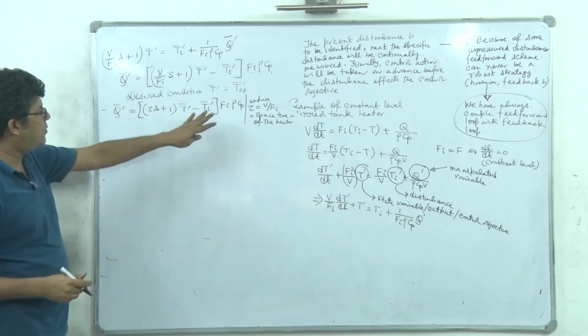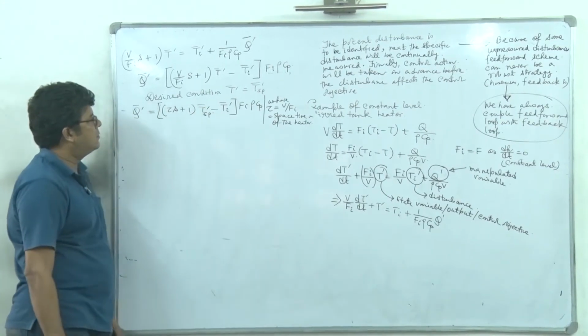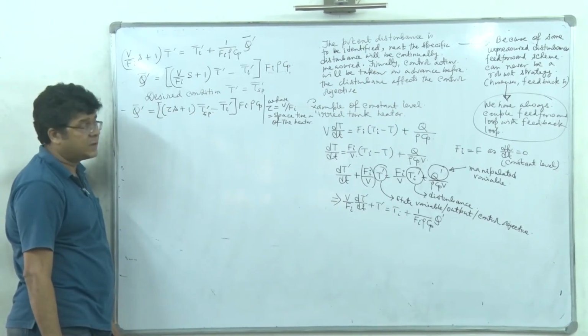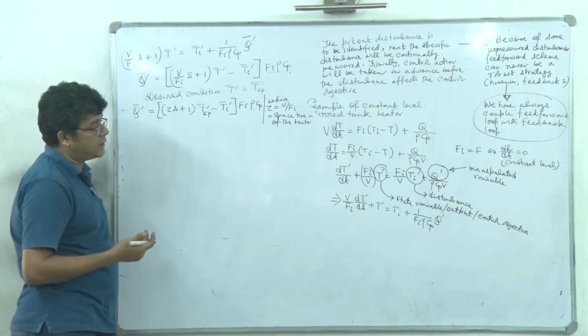So that should be my desired manipulated value, right? So what should be the respective block diagram?